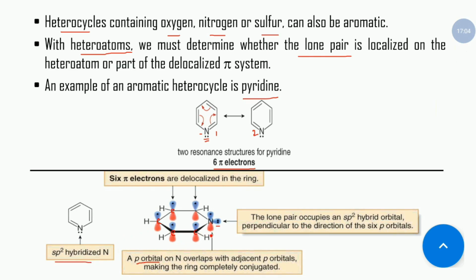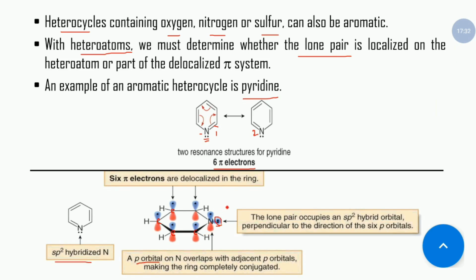The nitrogen atom is directly attached to the pi bond, or double bond. That's why this lone pair need not participate in the conjugation, so it is perpendicular to the axis and lies outside the structure.